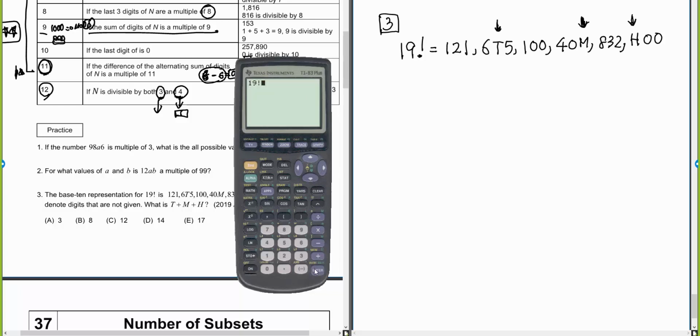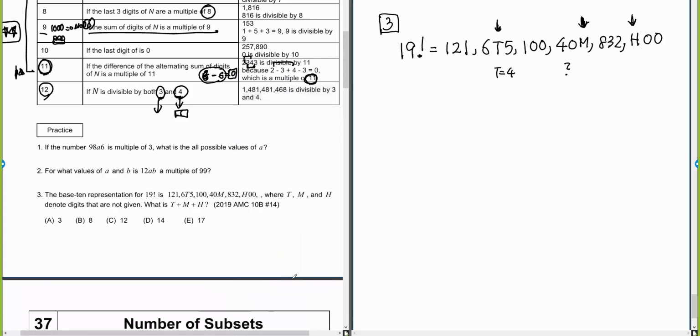Factorial. How much? Wow. 1, 2, 1, 6, 4. Maybe we know that T is 4, right? The next one we don't know. Because the screen size is limited. So we can't. Anyway, this is what AMC cannot use, right? Calculator. Okay, now calculate it out.